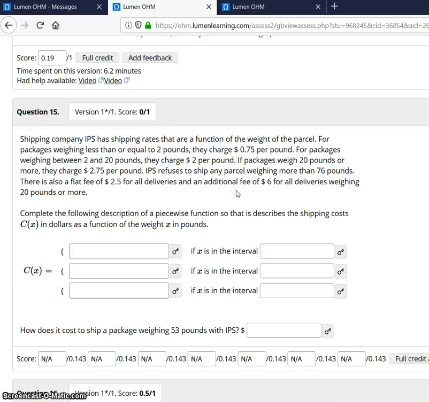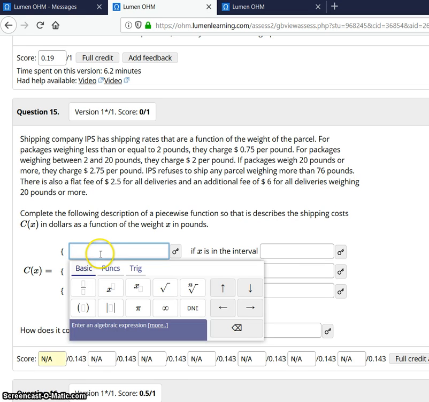And then another good one that you had was this one. A shipping company has a shipping rate that is a function of weight. For packages weighing less than or equal to 2 pounds, they charge 75 cents per pound, plus there's a flat fee of $2.50 for all deliveries and an additional fee of $6 for all deliveries weighing more than 20 pounds.